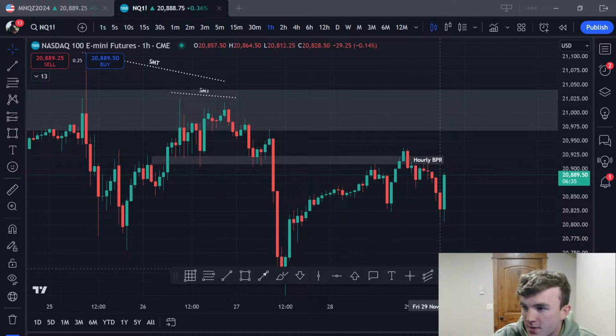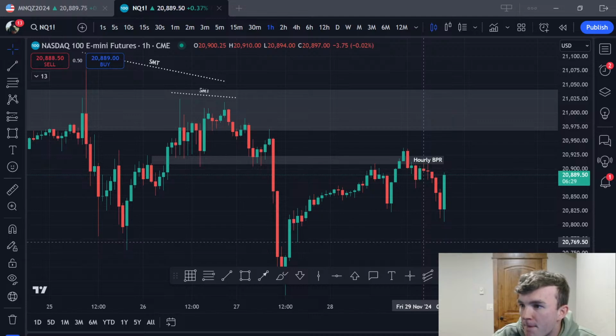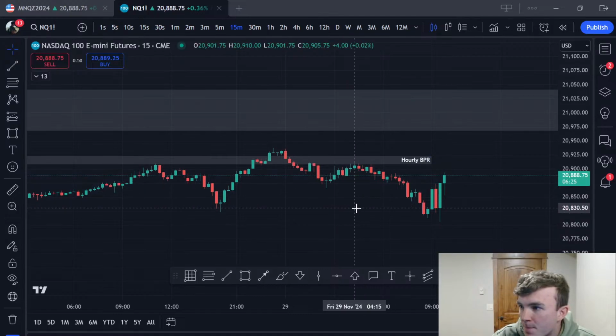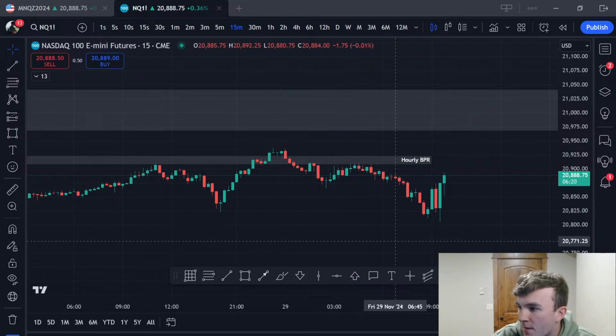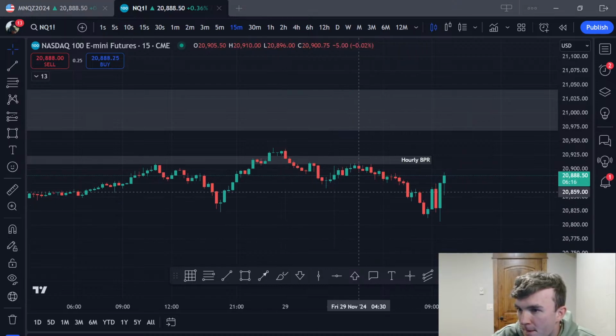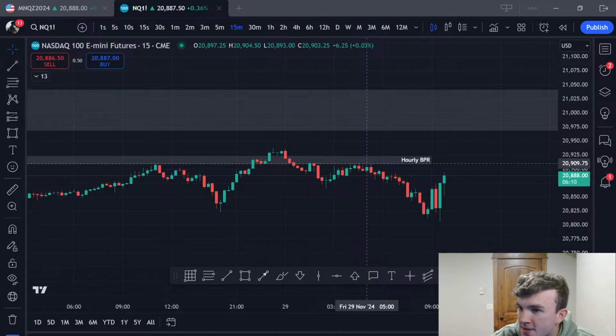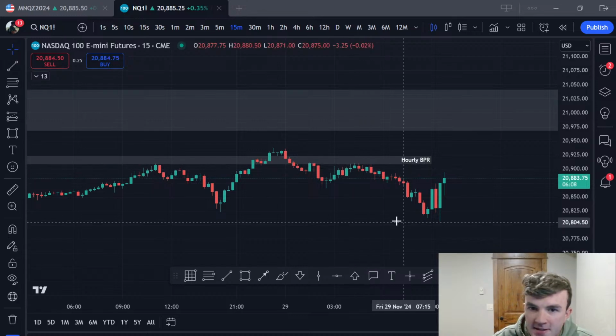Okay, going on the lower time frame. We have relatively equal highs on the NASDAQ.